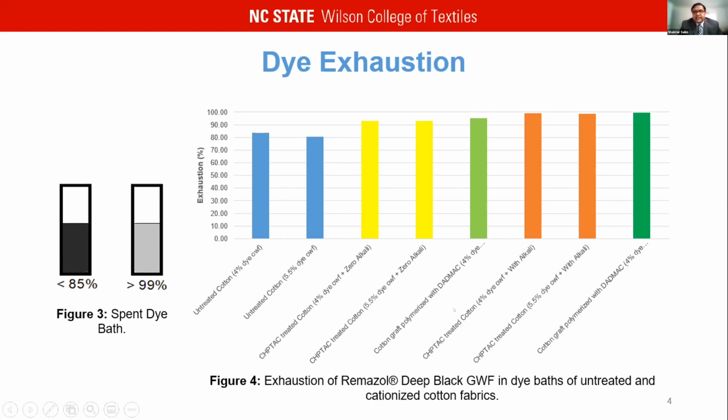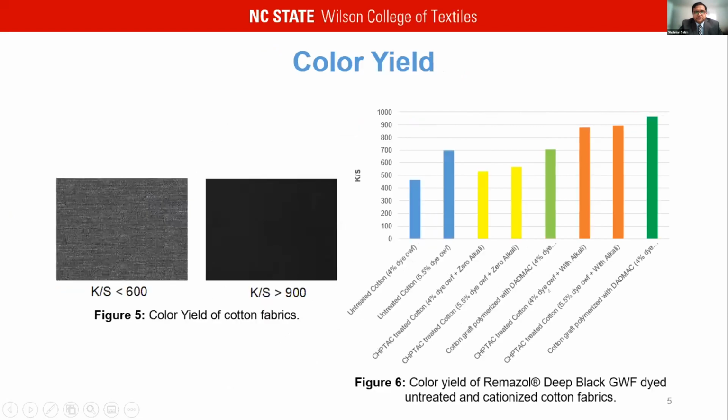It was also higher than Chaptec treated cotton, which was dyed with 4% and 5.5% on weight of fabric. When the color yield of all dyed samples was measured, it was observed that cotton graft polymerized with DADMAC, which was dyed with 4% on weight of fabric, has a higher color yield than untreated cotton and Chaptec treated cotton dyed with zero alkali.